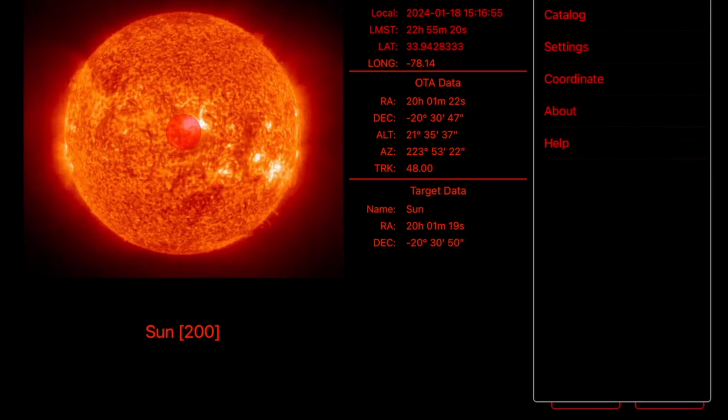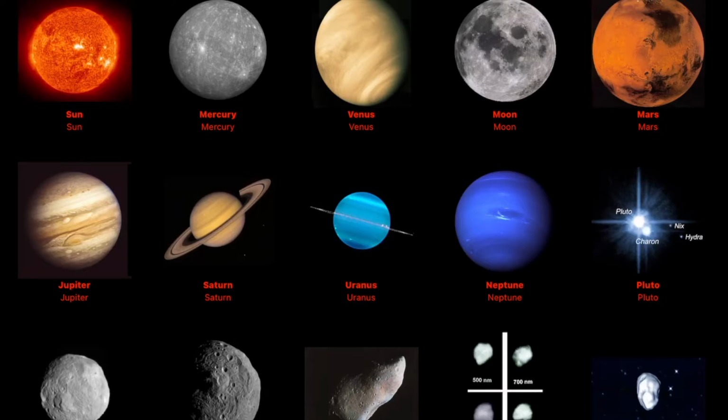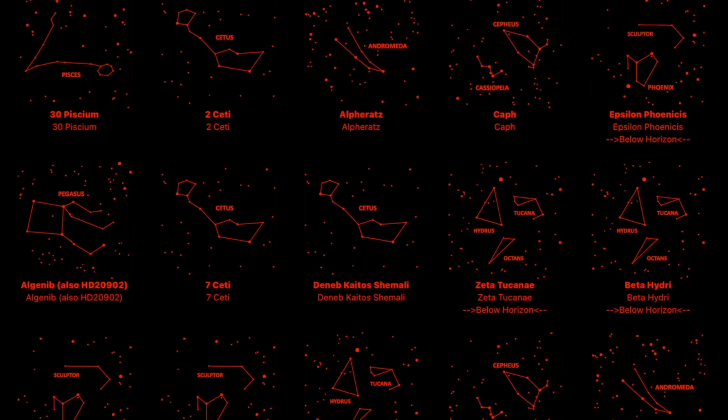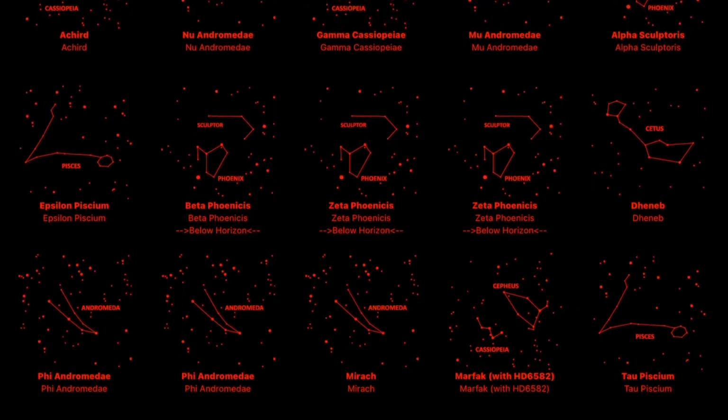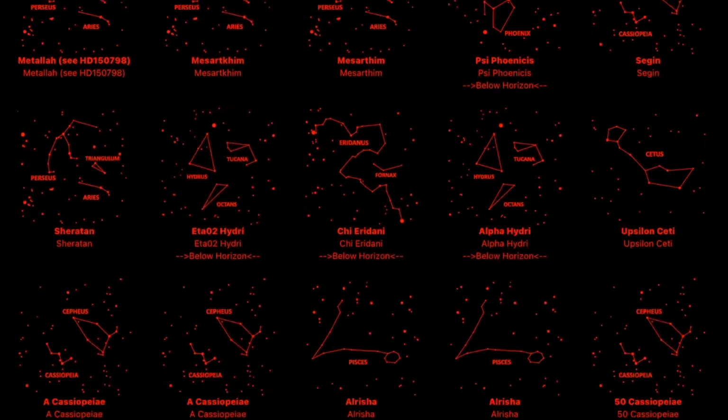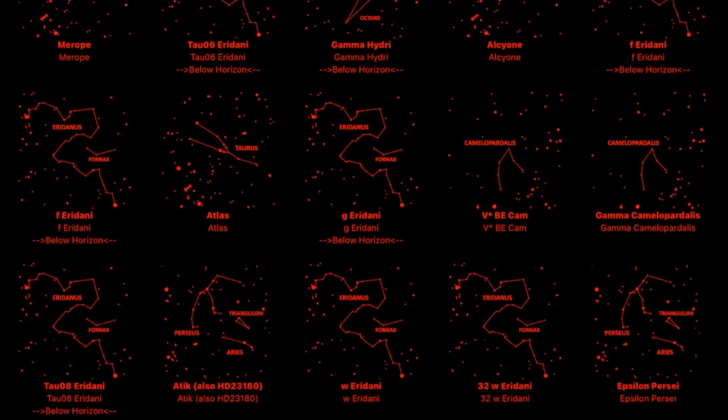Off to the menu again, and the catalog, and we'll just look at the bright stars. Now the bright stars are all of the ones in the catalog that this thing can use. Probably a bunch of others as well for the 2- and 3-star alignment, or if you just want to look at some stars.